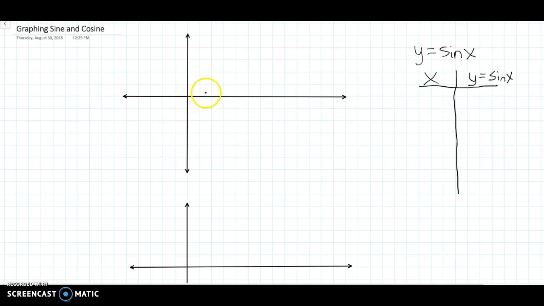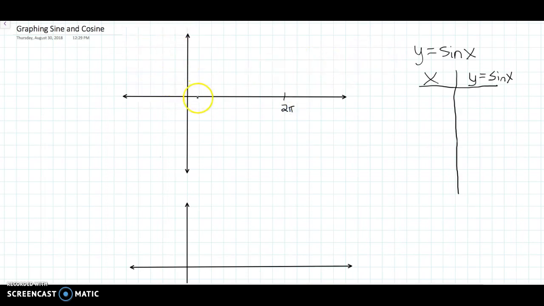Always do this on graph paper. Count out 1, 2, 3, 4, 5, 6, 7, 8 spaces, and put a little tick mark there. You'll call that tick mark 2 pi because the period of sine and cosine is 2 pi.